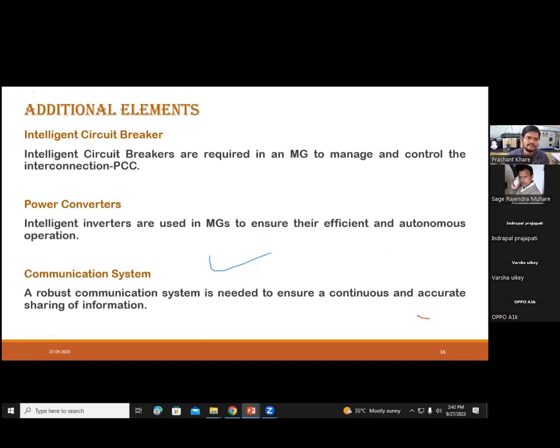For that, this converter plays a role. This converter should be a bidirectional converter, means in case your microgrid is behaving like a load, this converter should flow the power from grid side to microgrid side. And if your microgrid is behaving like a source, then this converter flows the power from microgrid side to main grid side. So this is the main purpose of converters in microgrid.